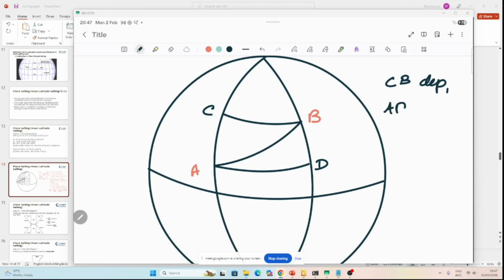AD is also showing a departure. Now which one is the correct departure for A and B? East-west distance. Now you can see it is pretty much difficult to say which one is the correct departure.